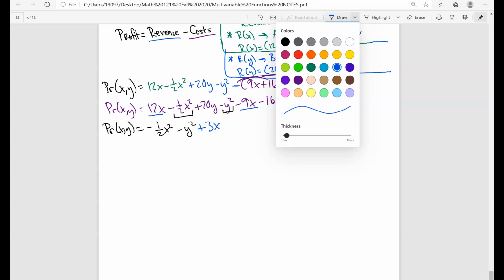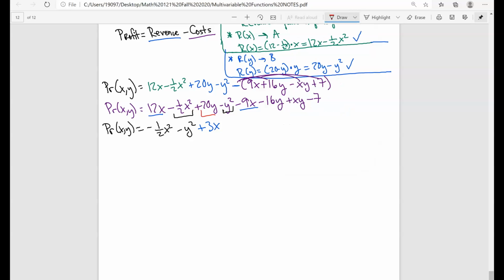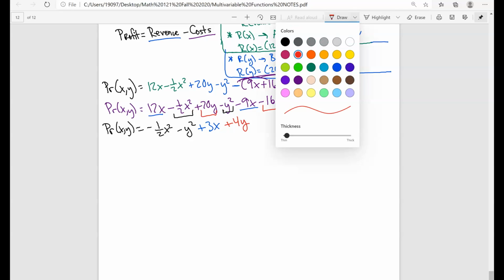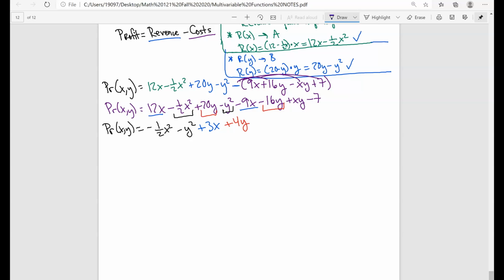Then I'm going to look at my y values. 20y minus 16y gives me a positive 4y. And then finally we just have this xy term and then this minus 7 at the end.